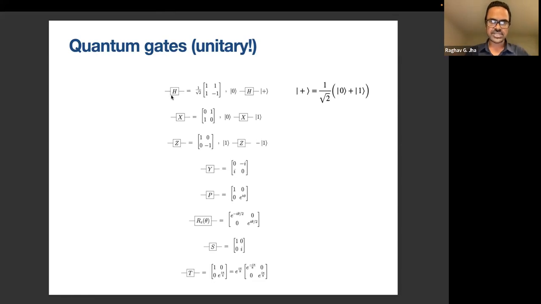And how do we know it's one qubit? It's just one qubit because there's just one wire here. All the gates have single wires, but there can be gates made up of 2 wires, 2-qubit gates, 3-qubit gates, and things like that. Then 2-qubit gates will be represented by a 4 by 4 matrix, 3-qubit by 8 by 8, and so on. And the plus state is just given by this. So these are just some basic gates.